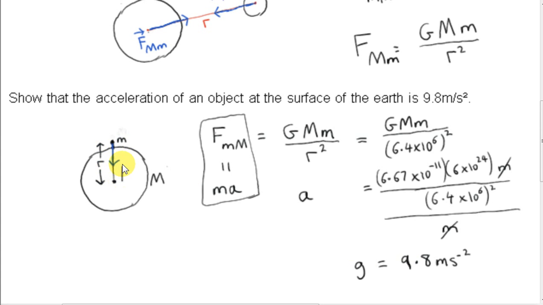You see the distance from the center of the Earth to the surface of the Earth is 6.4 by 10 to the 6 meters. That's quite a large distance. So if you add on a few hundred meters to the surface, it's not going to make any difference to the calculation. A few hundred meters compared to 6.5 million meters is fairly negligible.